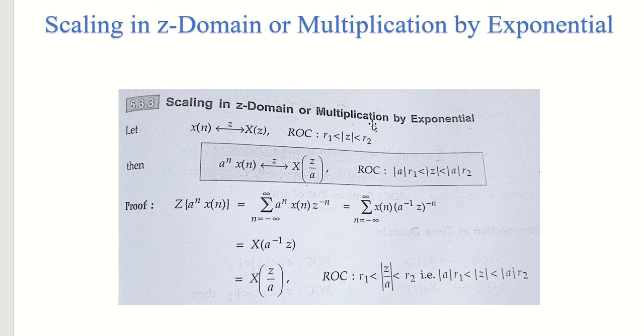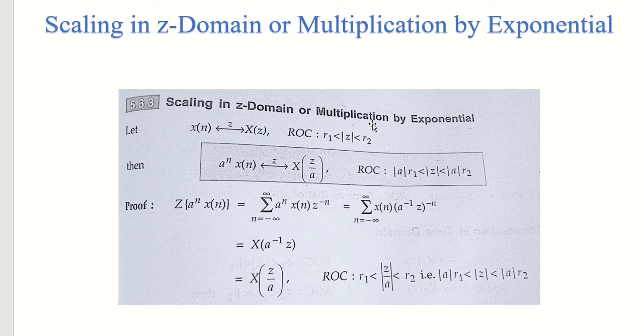It states that whenever we have a discrete time signal x of n, and we take the Z transform, and the Z transform of x of n is X of z with region of convergence between points R1 and R2, then if I multiply a constant a raised to n with my discrete time signal and take the Z transform of that signal, the Z transform will be X of z divided by a.